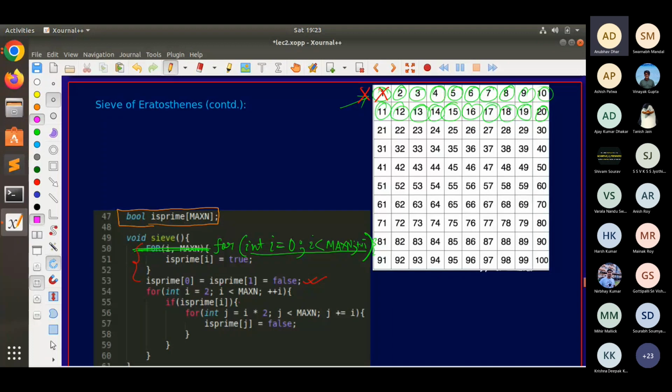Now, if you see that this number I is already marked, I'll just erase the green circle around 1. For I, if I see that I is encircled with a green circle, then I know that it's a prime. And then I start marking the multiples of I as not prime. So 4, 6. I is 2 in this case.